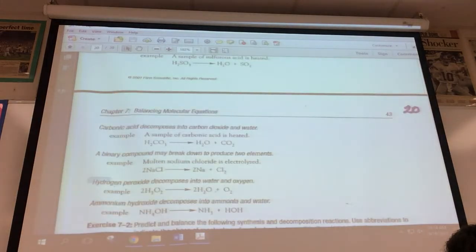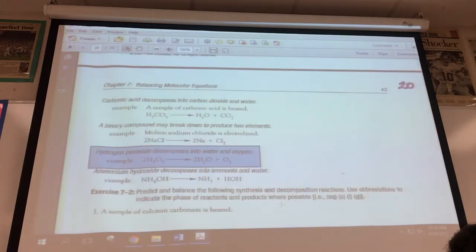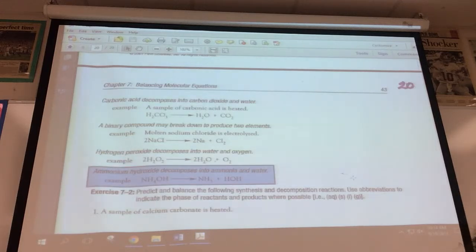This is one that does come up sometimes. Hydrogen peroxide always makes water and O2. And this one you have already seen. We talked about that one previously.